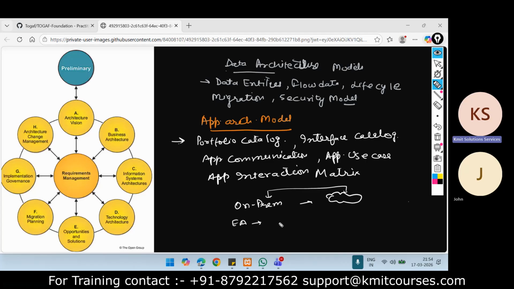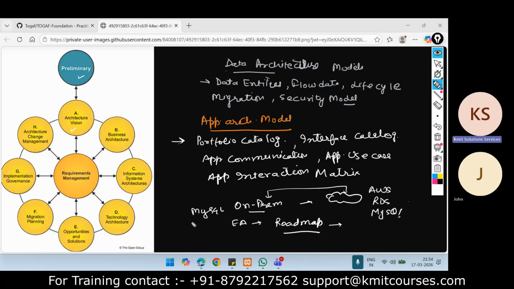In the preliminary phase and phase A, you have created a very high-level roadmap. You are saying on premises we have a MySQL database, and in the AWS environment we have RDS, relational database service, which is MySQL again.